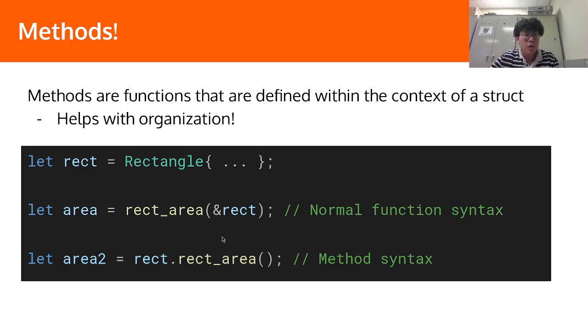With method syntax, which we'll introduce shortly, you can do this instead. We can call the instance rect and then use the dot notation, so rect dot rect area, and this will automatically calculate the area of this instance. The difference here is that we don't have to pass the instance into the function anymore.